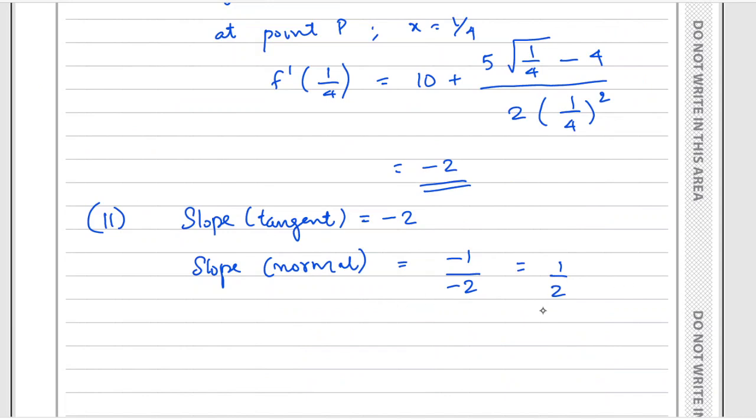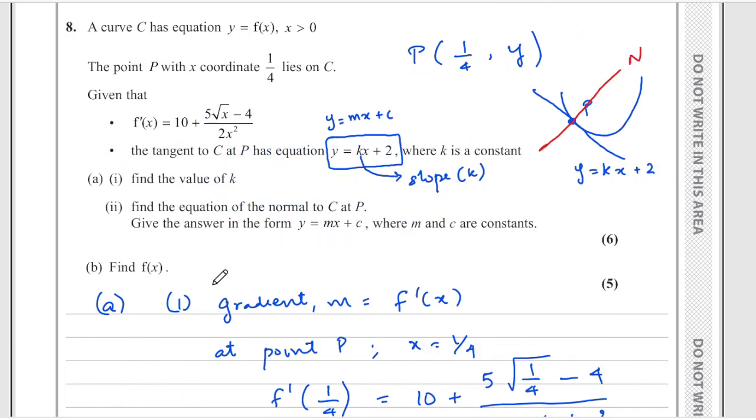Now to find the equation of the normal, we need to find the complete coordinates of point P also, but we have only the x coordinate. Now we need to find the y coordinate. Now this point P is on the line y is equal to kx plus 2, out of which k we found as negative 2. So it is y is equal to negative 2x plus 2, and we have the x coordinate of the point. So if we plug in that x coordinate over here, we are going to get the y coordinate because that point P lies on this tangent.